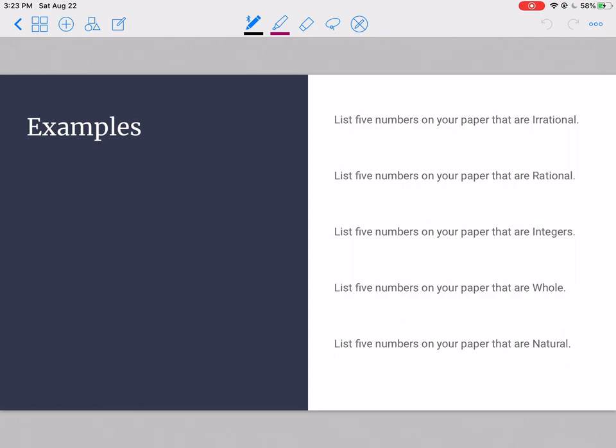List 5 numbers on your paper that are irrational. For this, we can list pi, we can list square root of 2. You can pull out your calculator and test a couple of other square roots and see if those work. I'm going to type mine in real fast.